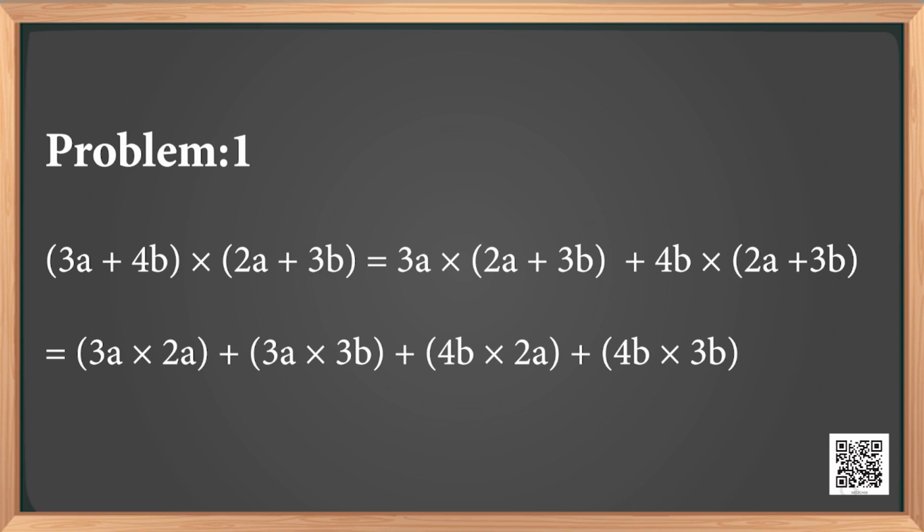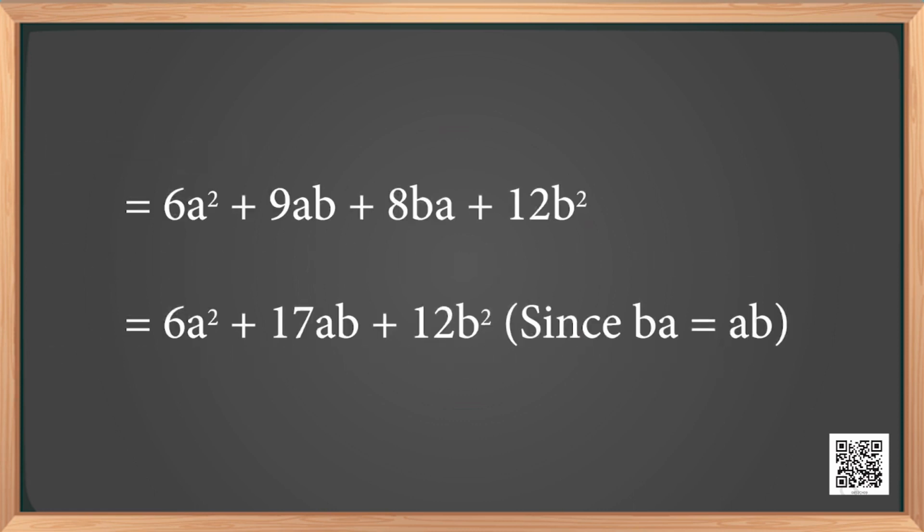Observe here, every term in one binomial multiplies every term in the other binomial, which is equal to 6a square plus 9ab plus 8ba plus 12b square, which is equal to 6a square plus 17ab plus 12b square, since ba is equal to ab.